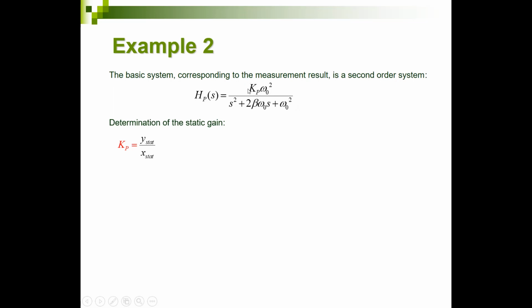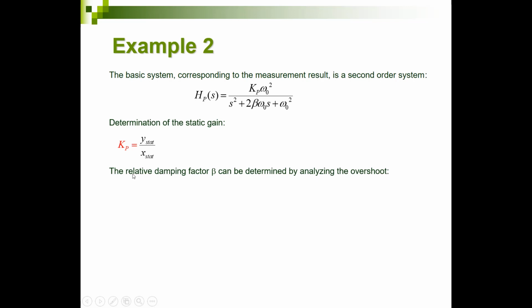So we have this part in the numerator and this part left in the denominator, which is in a static situation Kp times omega 0 squared divided by omega 0 squared, which yields only Kp. So Kp can be determined from the measurements, which is the static output value divided by the static input value, which was constant, and then we have the gain Kp. So two parameters left, omega 0 and beta.